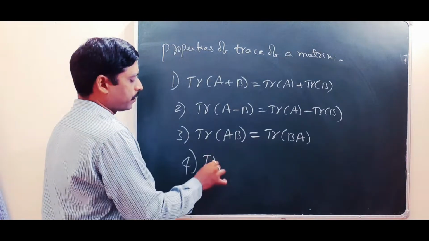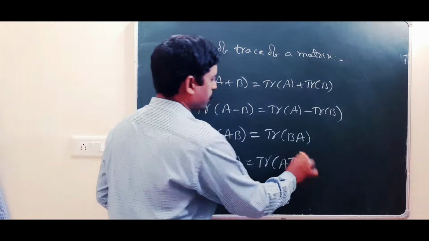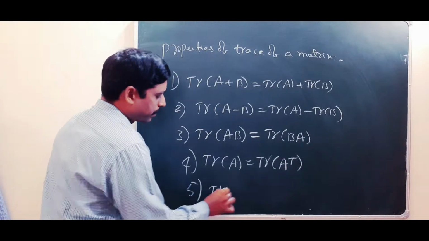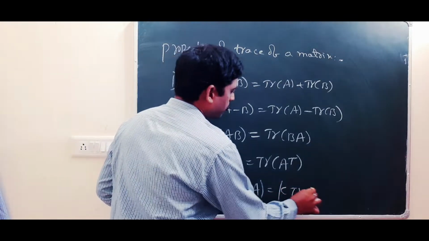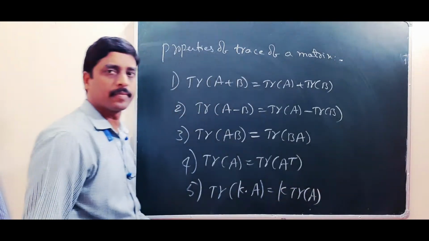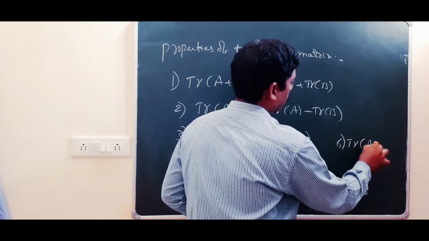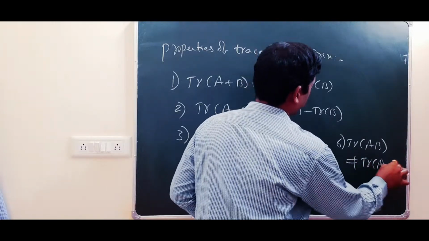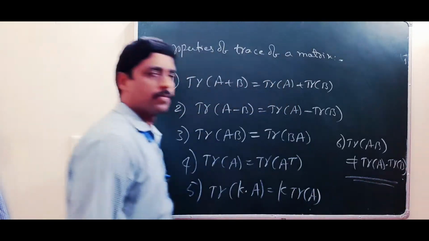Trace of A is equal to trace of A transpose. Trace of K into A is equal to K times trace A. Next, trace of AB is always not equal to trace A into trace B. Very important properties.